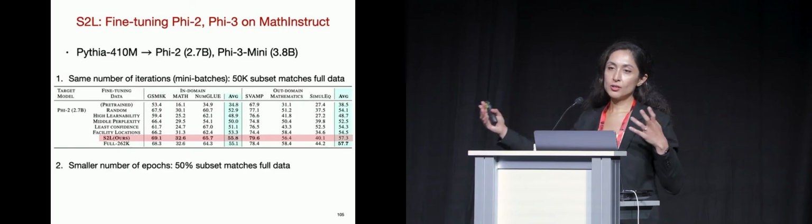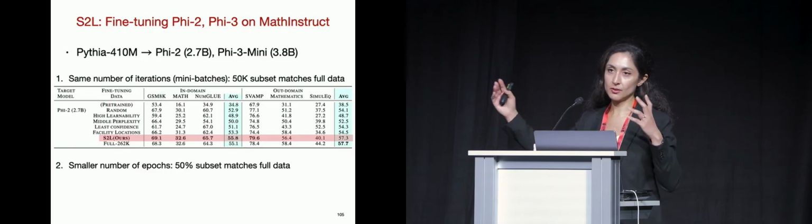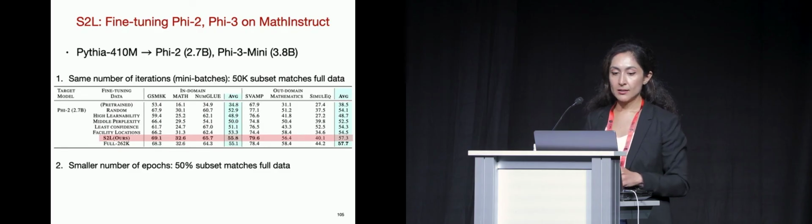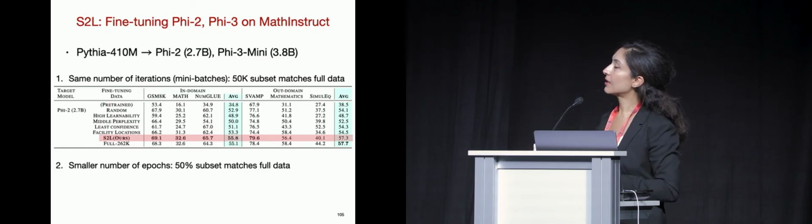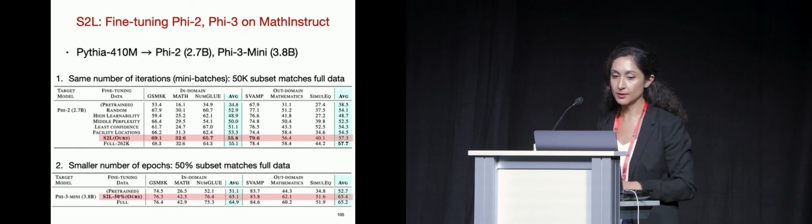This is usually the standard setting that people experimented with, showing results with forgetting scores, L2, and other methods. And you see that this is working pretty well, and even matches the performance of full data with 50K, much less than half of the data.